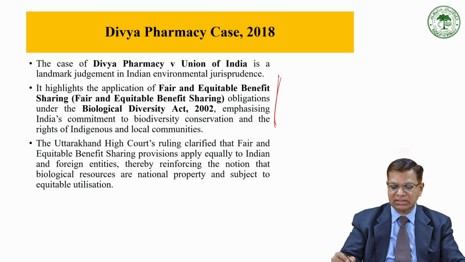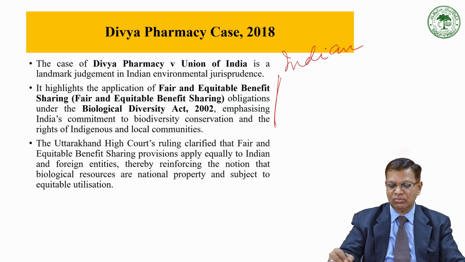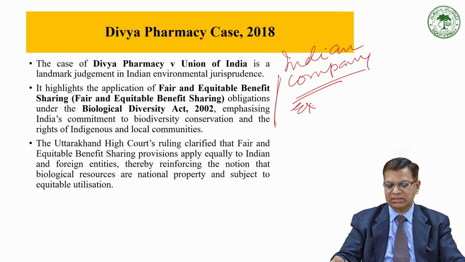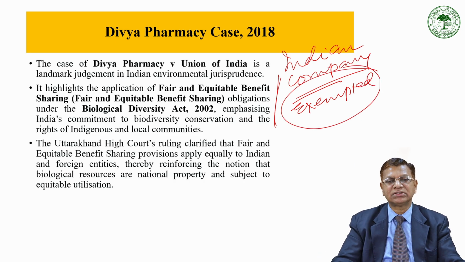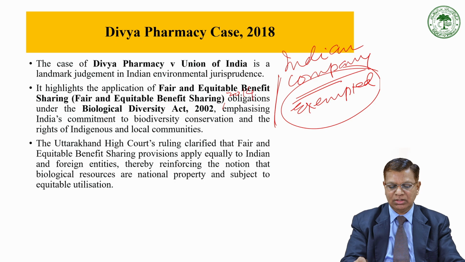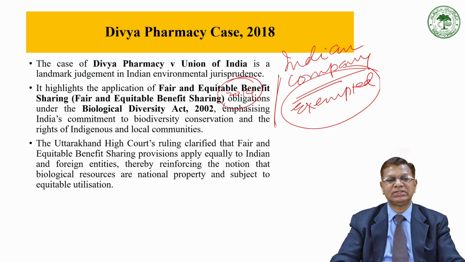The petitioner was of the view that the Indian company appears to be exempted from seeking approval of the National Biodiversity Authority or a State Biodiversity Board in matters of access to biological resources. Moreover, the company was not willing to share its resources under the equitable benefit sharing guideline of 2014 issued by the Ministry of Environment, Forest and Climate Change.